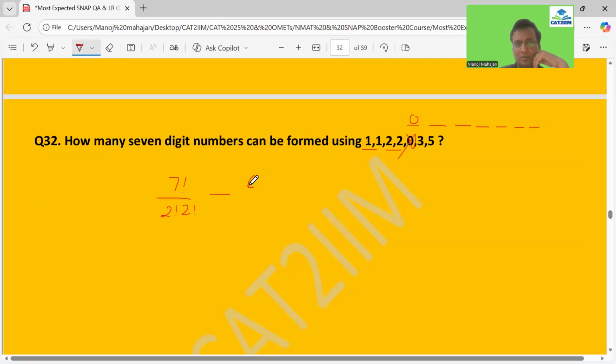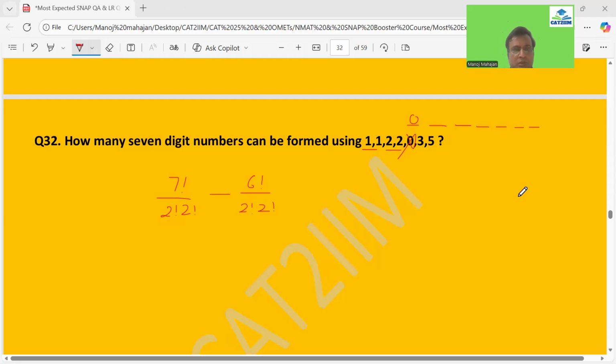And now we are going to make all the 6-digit numbers: 6 factorial divided by 2 factorial, 2 factorial, right? So you can get the value of this, which is coming out to be, I guess, 10808. So you can do the calculation. I'm just going quick on this discussion part.